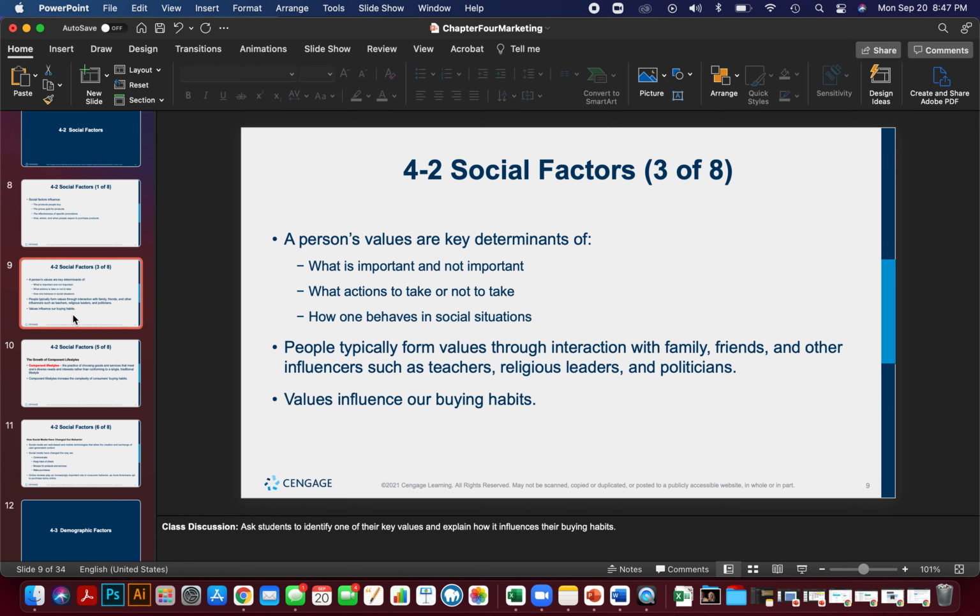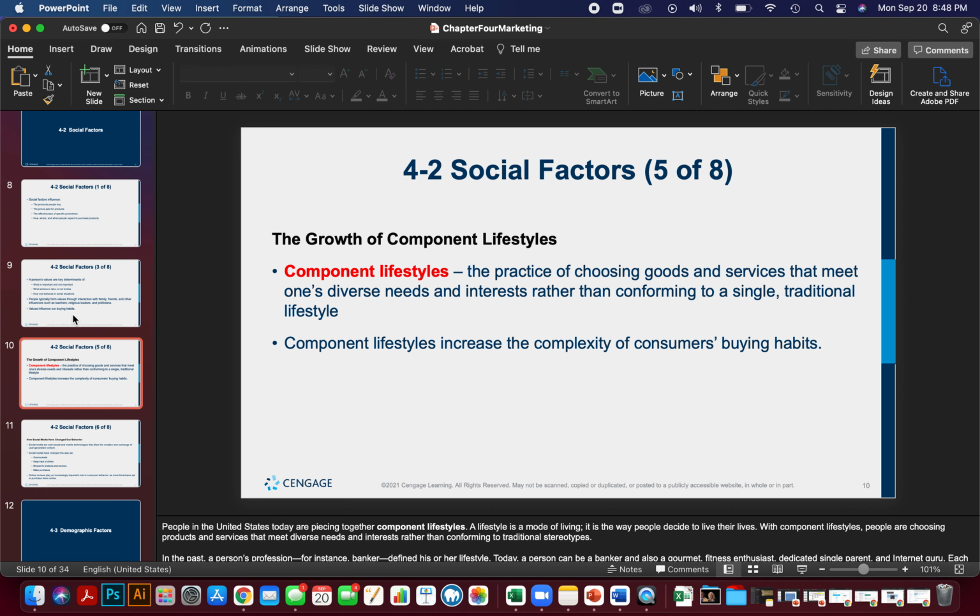A person's values are key determinants of what's important and not important, what actions they take or don't take, and how one behaves in social situations. People typically form values through interactions with family, friends, and other influencers such as teachers, religious leaders, and politicians. And values do influence our buying habits.